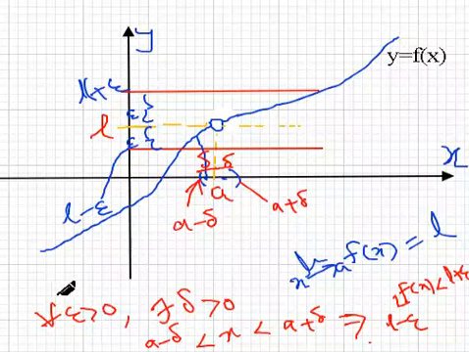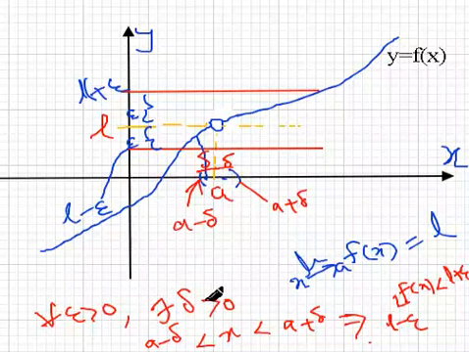That's why any positive epsilon. I guarantee you that we are able to find an interval around a, that means at least one interval. This delta depends on epsilon, right?